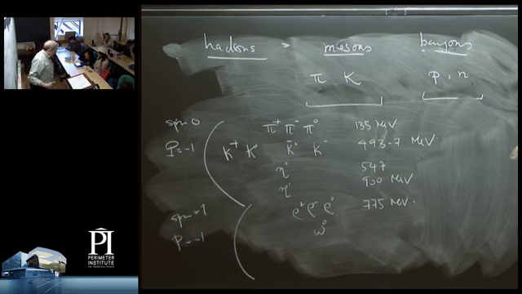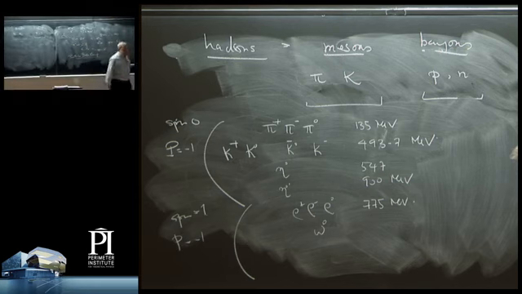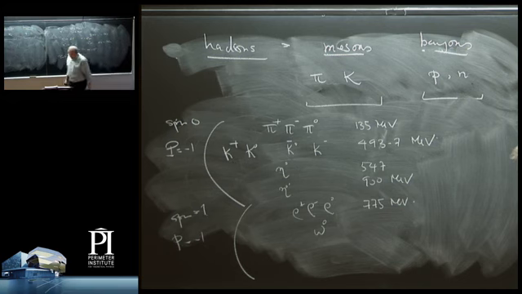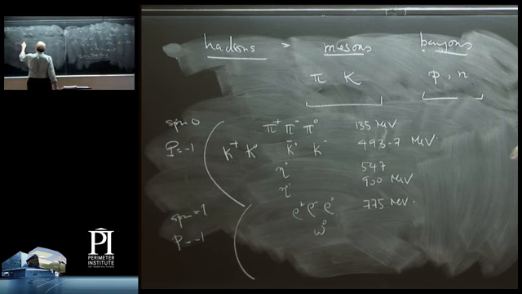These particles are all bosons, and all of the lightest mesons have odd intrinsic parity like the pion. There's actually two groups of 9 that are very prominent. First of all, pi plus, pi minus, and pi 0 with a mass of about 135 MeV.